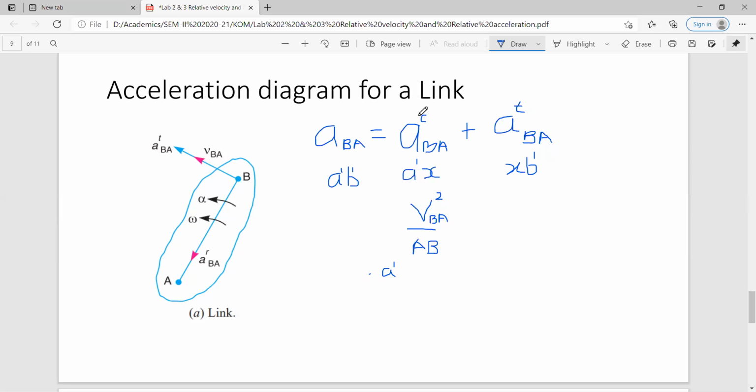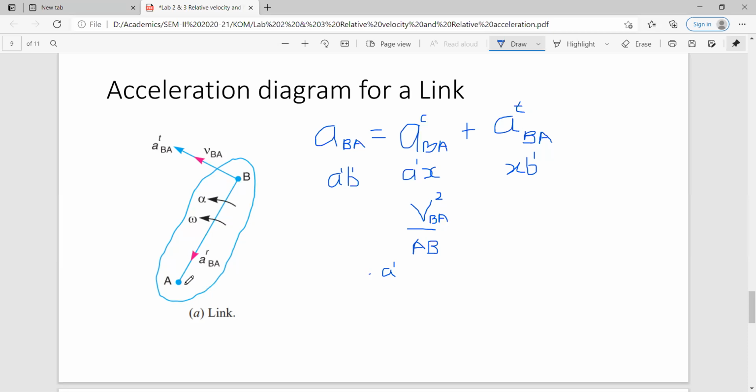What is the direction of the centripetal component? It will be along the radius. What is the radius? AB. It is along this direction, parallel to the link. But parallel to the link, whether you have to draw upward or downward? Always remember that centripetal acceleration acts towards the center of rotation.